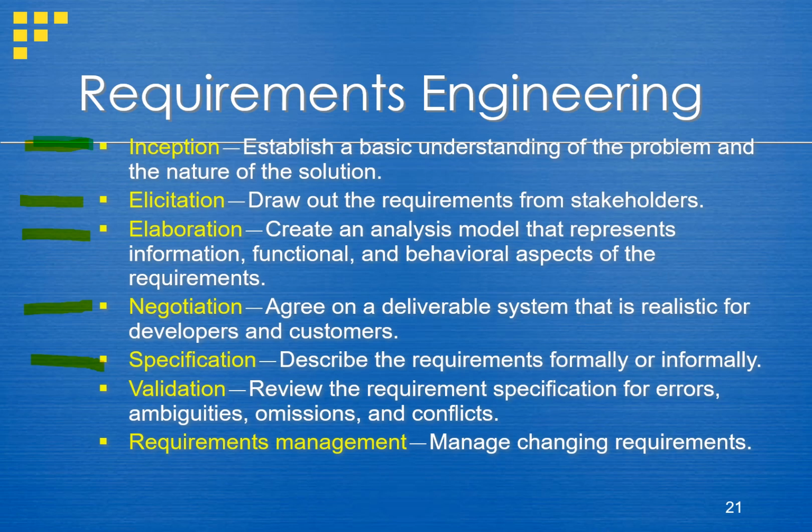Informal means something which is uncertain. The requirements are not complete, not correct; they are just describing, visualizing or imagining the requirements and explaining them to the developer or producer. Fine. We are going to convert or transform these vague, uncertain or incomplete requirements into proper requirements. Okay, so specification is describing the requirements formally or informally.